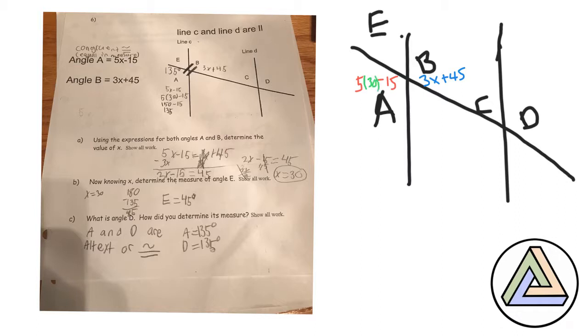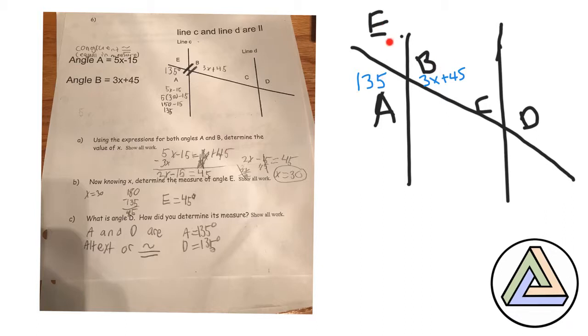And as a result of that, it's going to be 5 times 30, which is 150, minus 15, which would be 135. So I'm going to actually erase the whole thing right here and replace it with 135 right now. Which, for the record, by the way, makes this 135 also. All right, but anyway, this is 135.